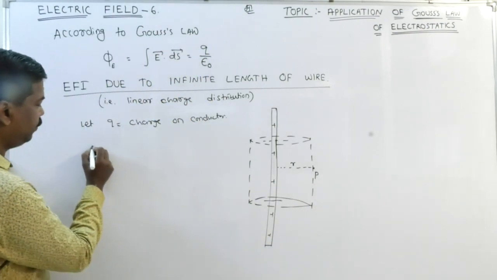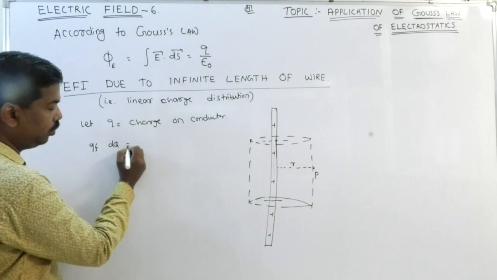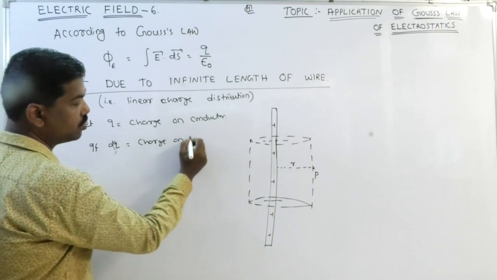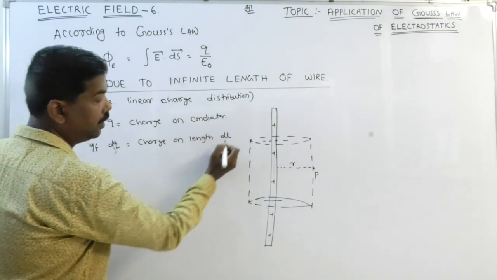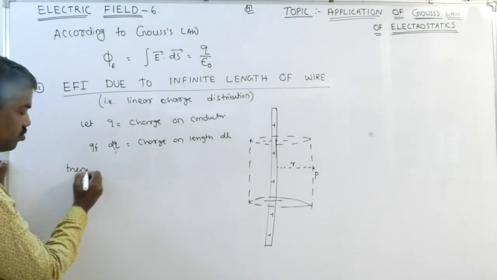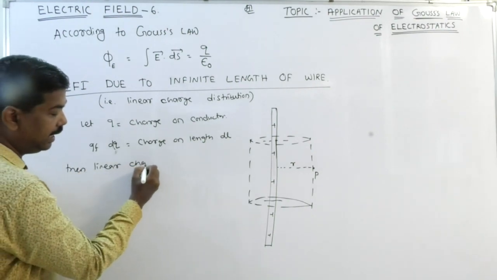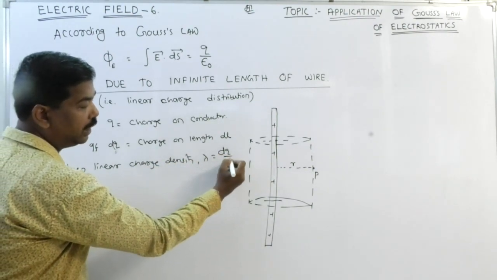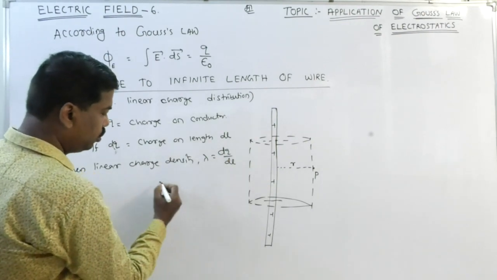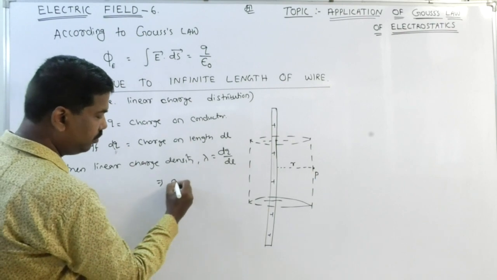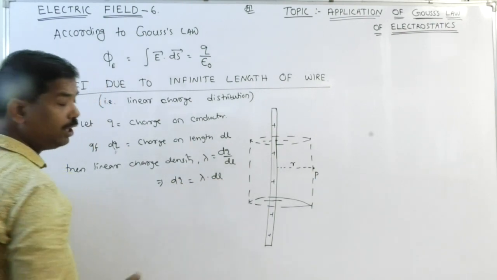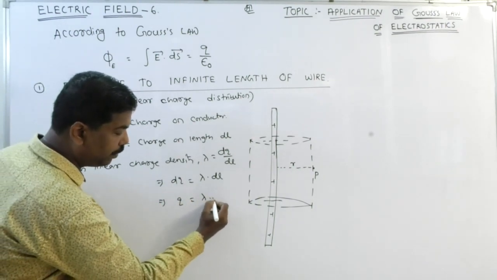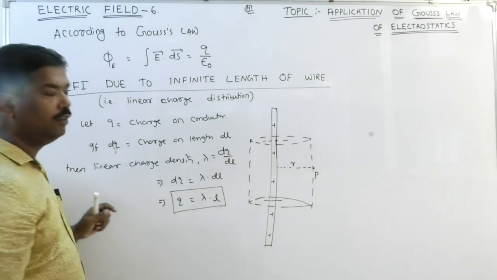So if dq is the charge on length dl, then linear charge density lambda is equal to dq by dl. Clear? So I can say dq is equal to lambda into dl, or by integrating both sides, lambda into L, if L is the finite line.